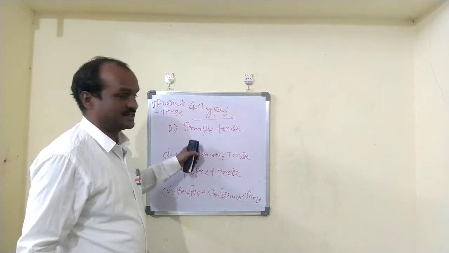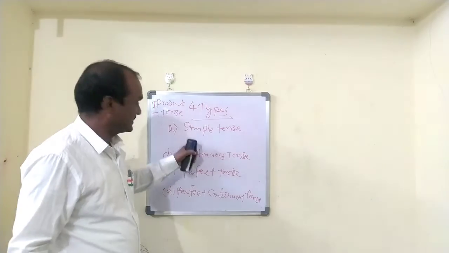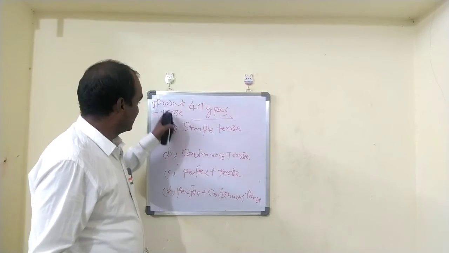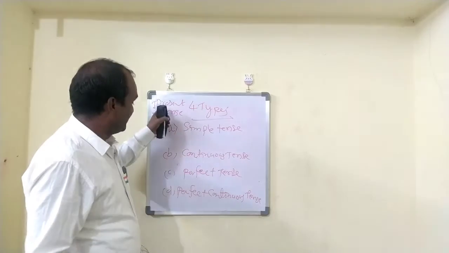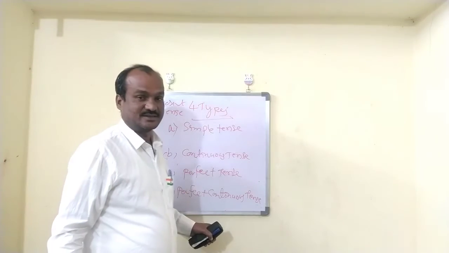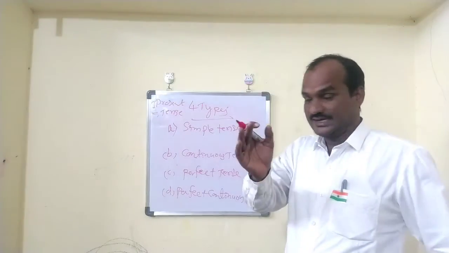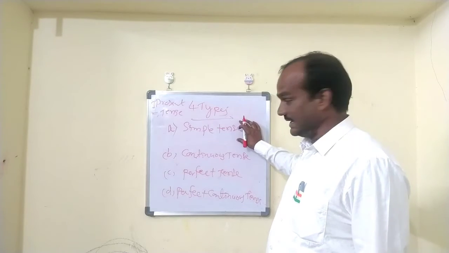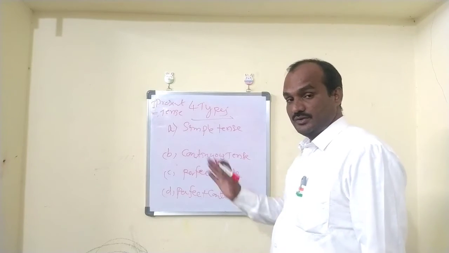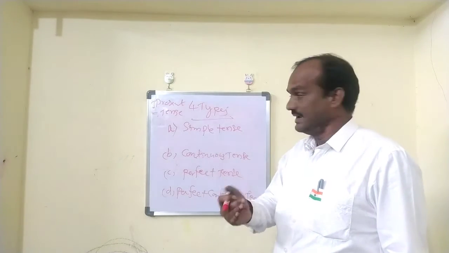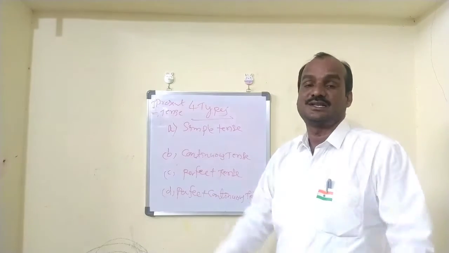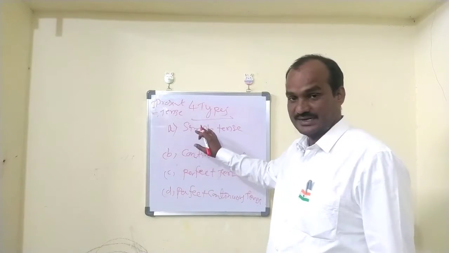So simple present tense, present continuous tense, present perfect tense, present perfect continuous tense. Okay, this is the present tense, four types. So if you keep in mind these four types, you will easily be able to keep in mind the present tense here.